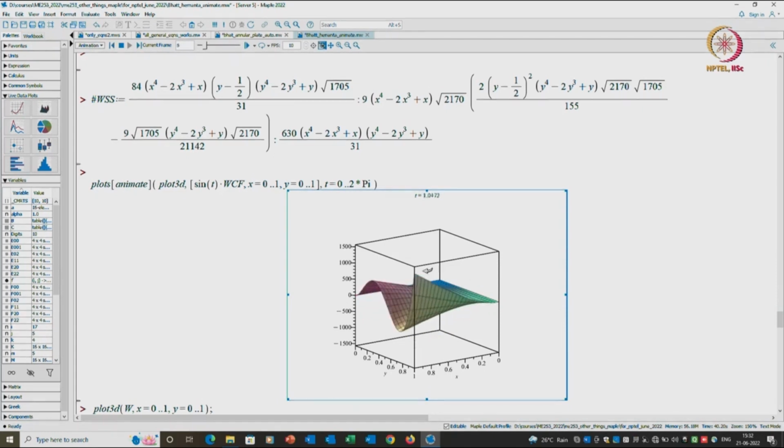These 2 edges are clamped, these 2 edges are free, and I am showing a very high order mode in this direction, and there is a low order in this direction. Remember this, I will show a very low order mode to begin with again.